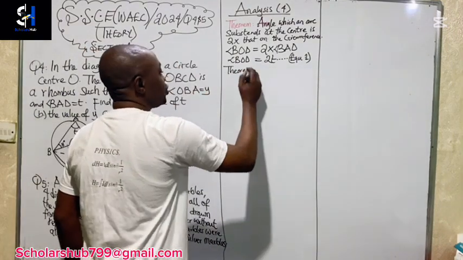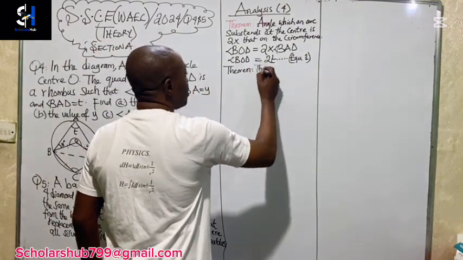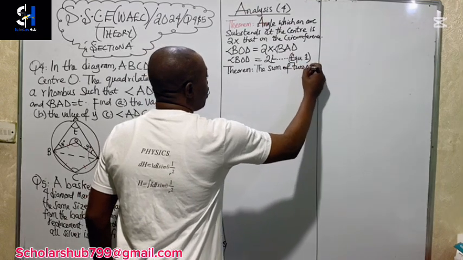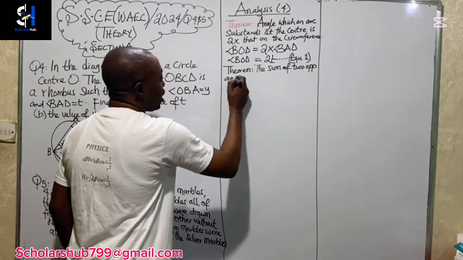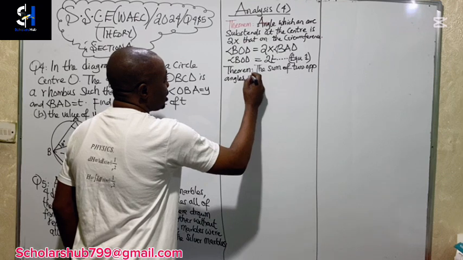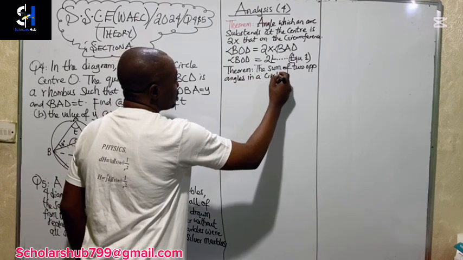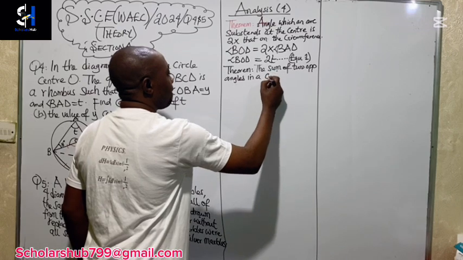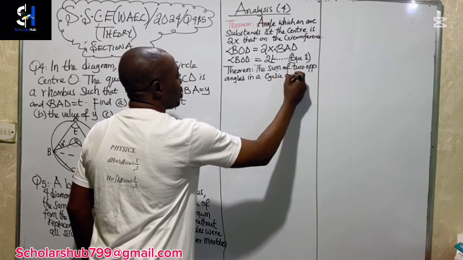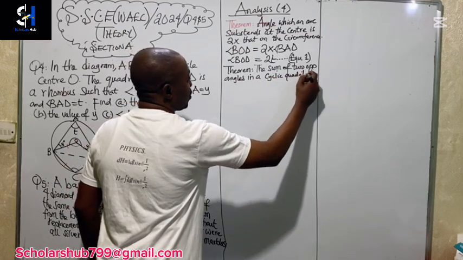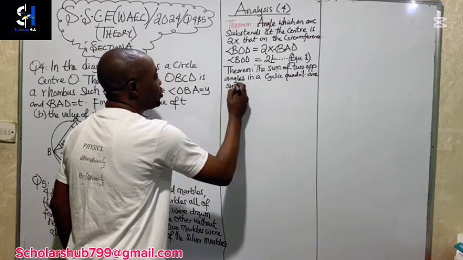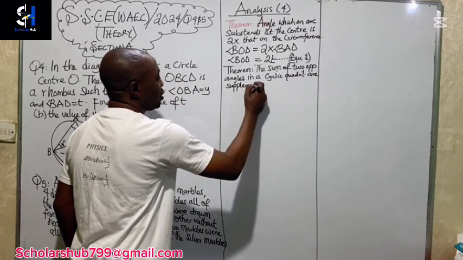So in this case we are going to use the theorem that the sum of 2 opposite angles in a cyclic quadrilateral are supplementary.